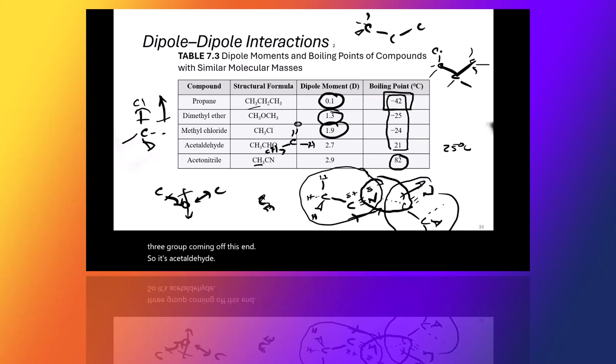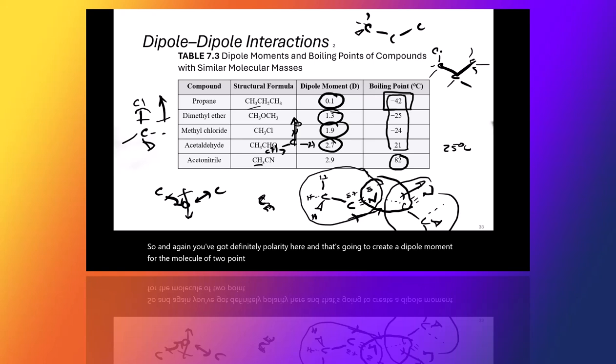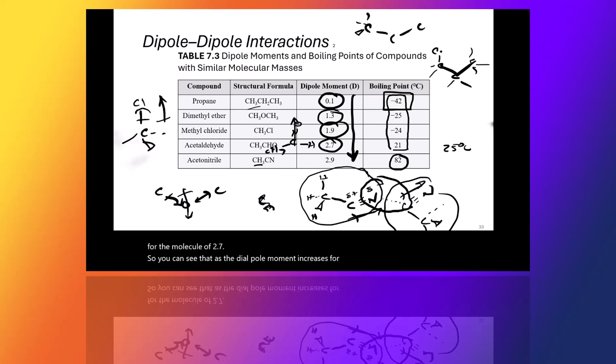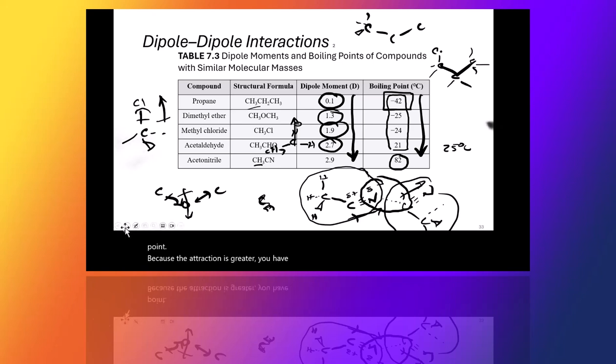And again, you've got definitely polarity here, and that's going to create a dipole moment for the molecule of 2.7. So you can see that as the dipole moment increases for the molecule, so does its boiling point, because the attraction is greater. You have to break that attraction to go from a solid to a liquid to a gas.